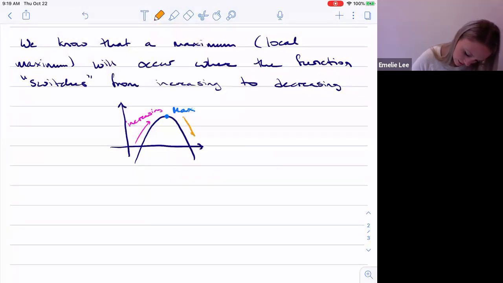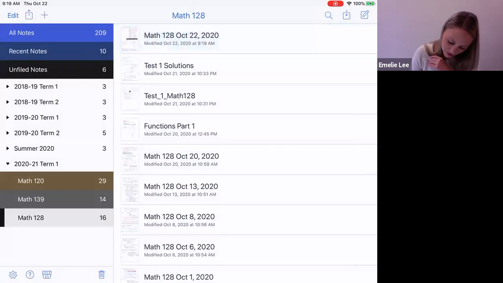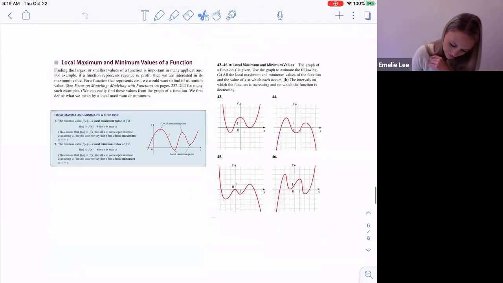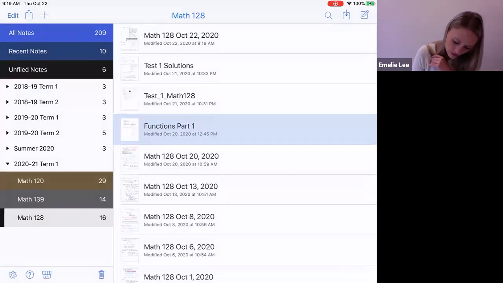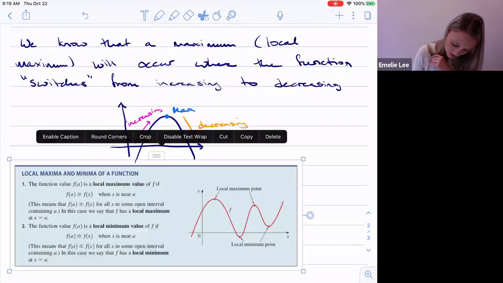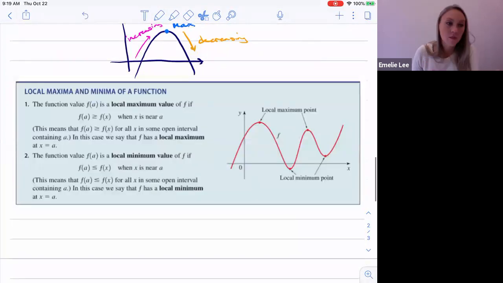And here, it's decreasing. Other way around for the minimum, right? And so we've got this little blurb here. In fact, I'll just make it take up the whole page.